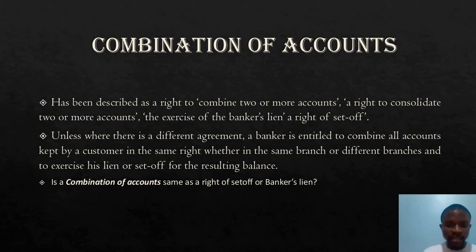Usually it is expected that where a customer has accounts in different forms, for example, if you are a lawyer and you have a legal practitioner's account, and you are also a private person and you have your own account that you use to run your expenses, the bank should treat these two accounts separately, because the monies flowing into both of them do not go into the same issue, in the sense that the monies in both accounts are supposed to be dealt with separately, and the banker is under an obligation to keep these bank accounts separate.